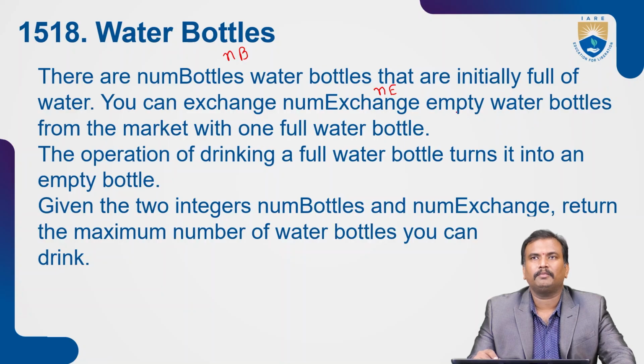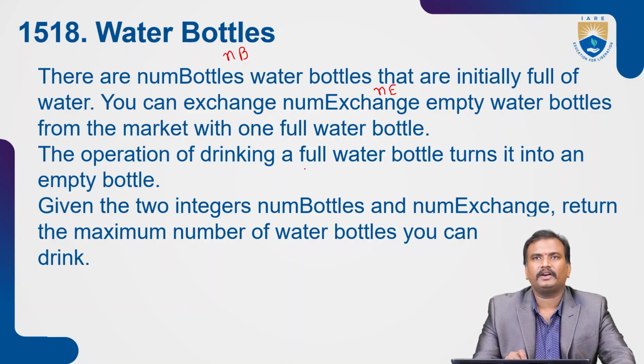If we take 3 empty water bottles, you will get 1 full bottle. That is nothing but the number exchange. Based on the number exchange value, we are going to get 1 more full water bottle. So you can exchange the number exchange empty water bottles from the market with 1 full water bottle.